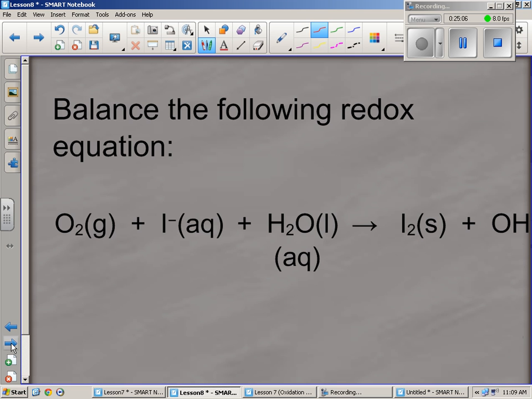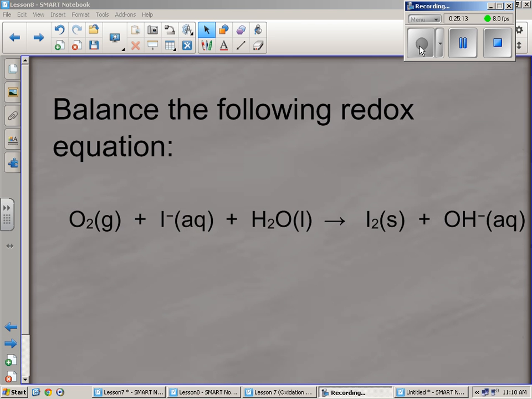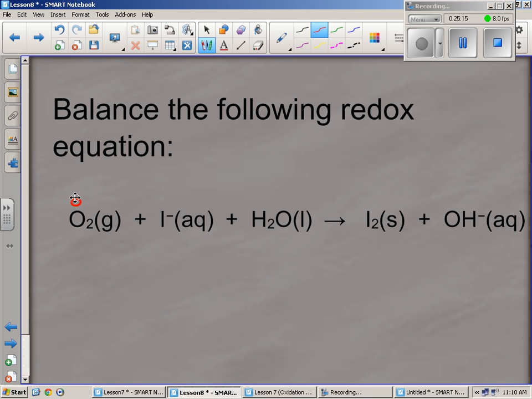Let's write out the equation for this one here. Let's balance some stuff here, guys. Okay, so here's your oxidation numbers. Now, sometimes we get a little confused here, but let's start with the I first, I think, maybe.